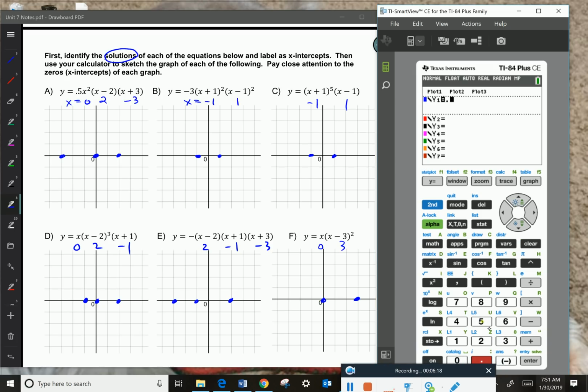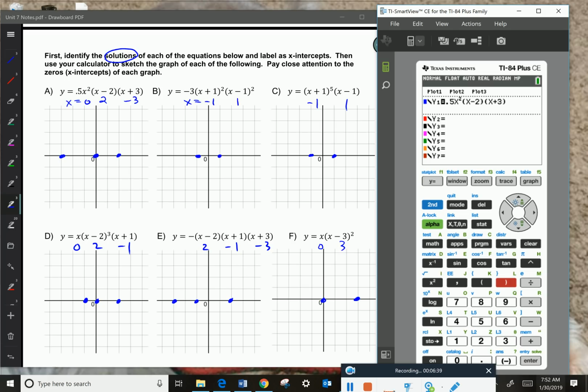Okay, so 0.5x squared, and then I have parenthesis x minus 2, and then I have the parenthesis x plus 3.